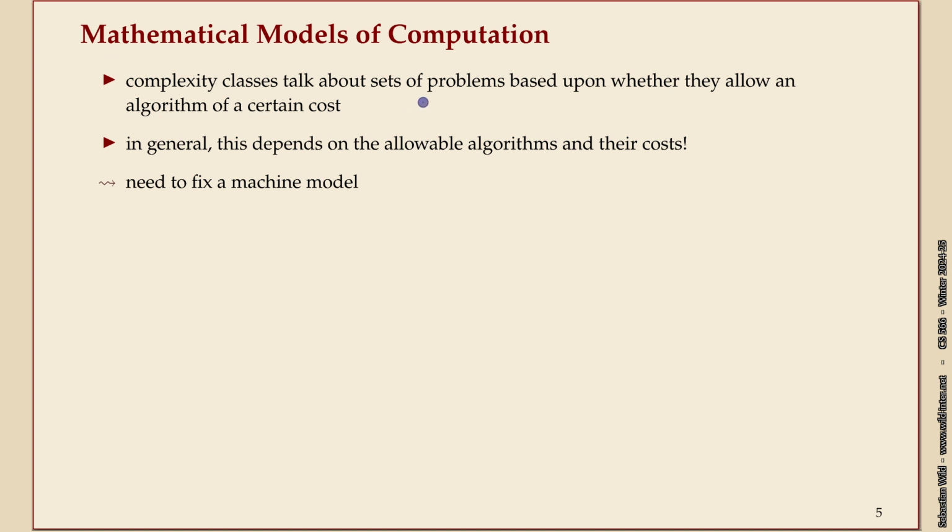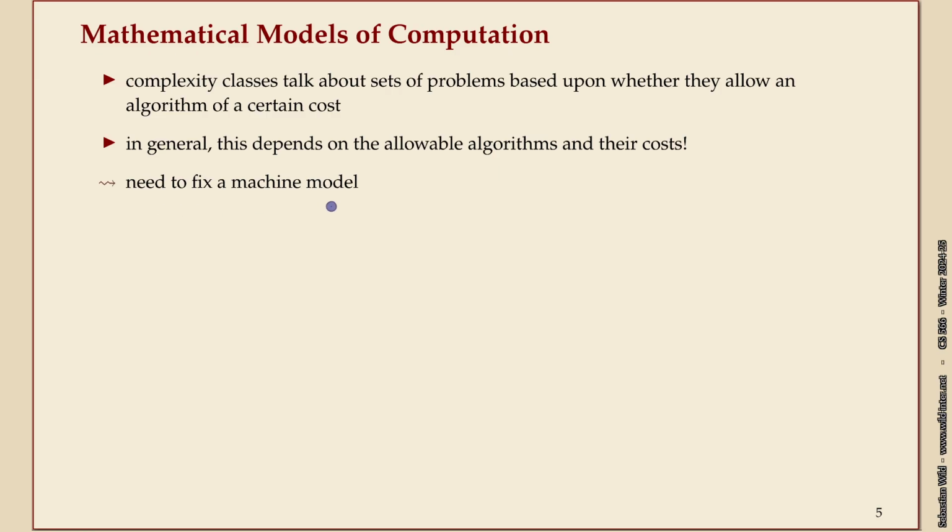How can I classify problems by having some algorithm without saying what algorithms are allowed and what costs they have? And so it's true in general, there is no such universal thing. You always have to say what is the model of computation and what costs you assign to an algorithm. Otherwise, this question makes no sense.